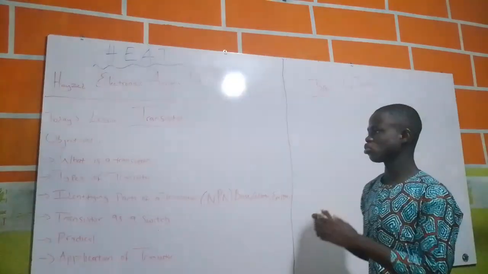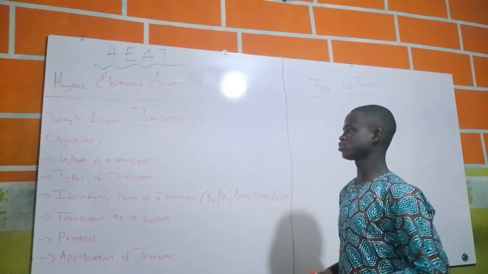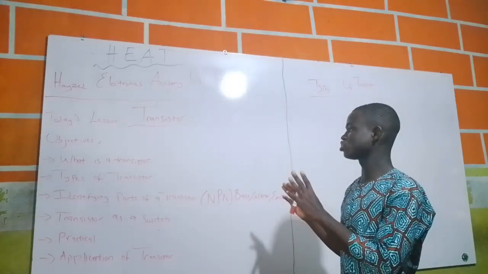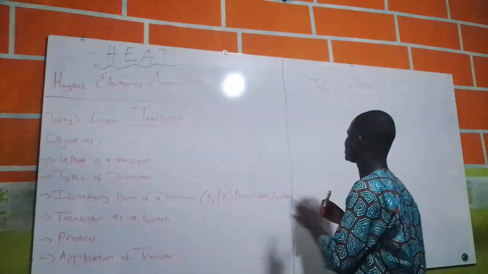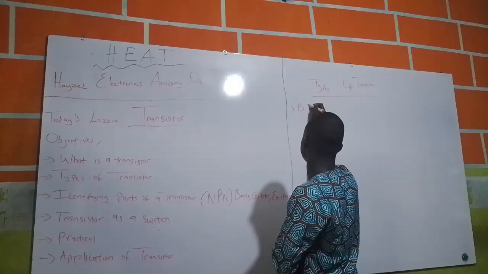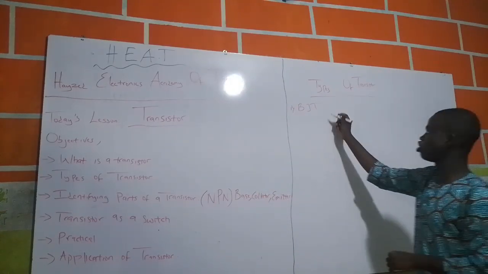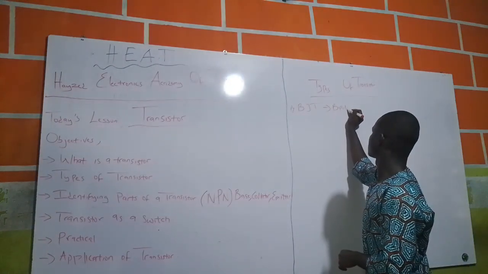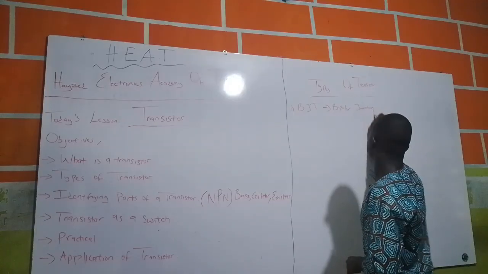Now, as we all know, transistors have various types. It's not just one type. In this lesson we'll be discussing one, but I want to list the three types of transistor that we have. Number one, BJT. The word might look funny, but the full meaning of BJT is bipolar junction transistor.